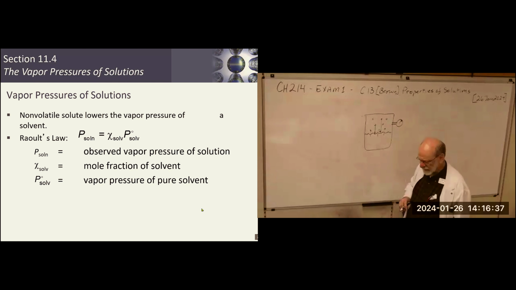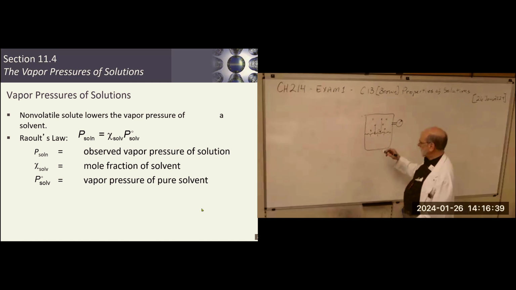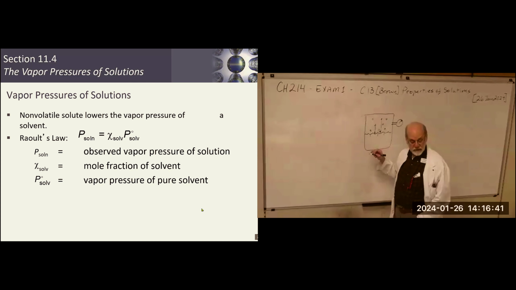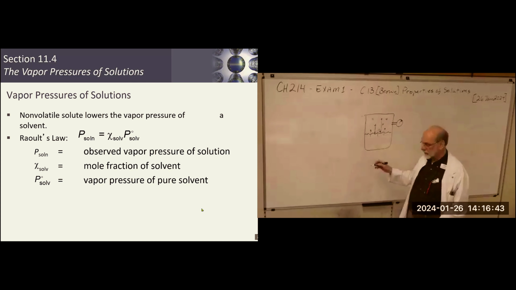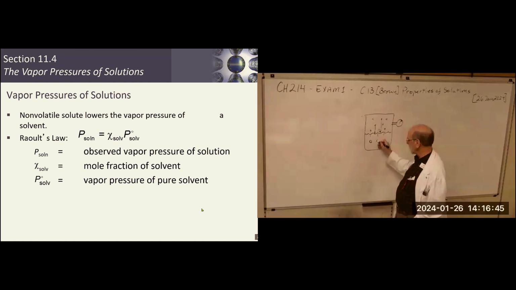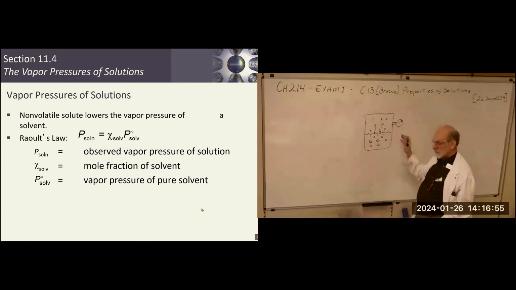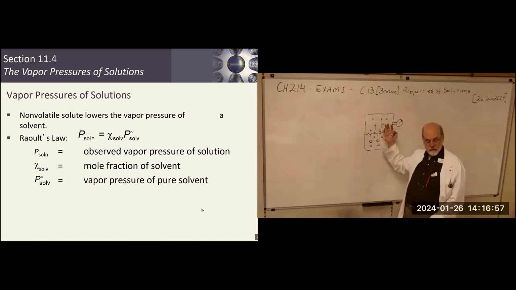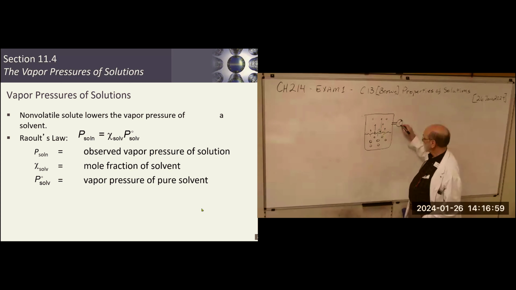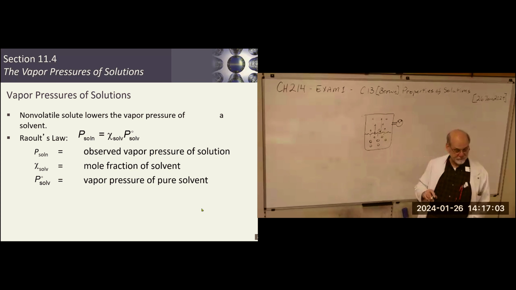Okay? Now, if you put non-volatile molecules, like we had in our previous example, non-volatile molecules down here, then they interfere with the vaporization, movement into the vapor. So the measured vapor pressure decreases. Okay?